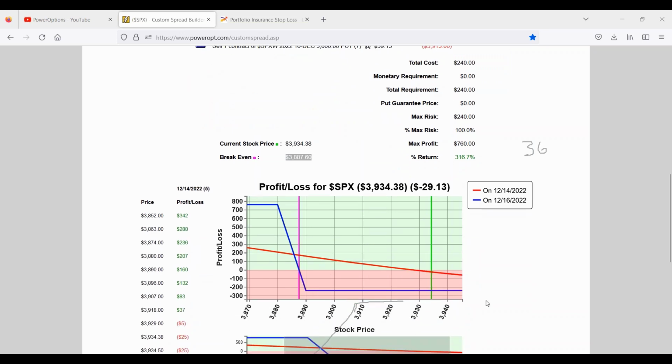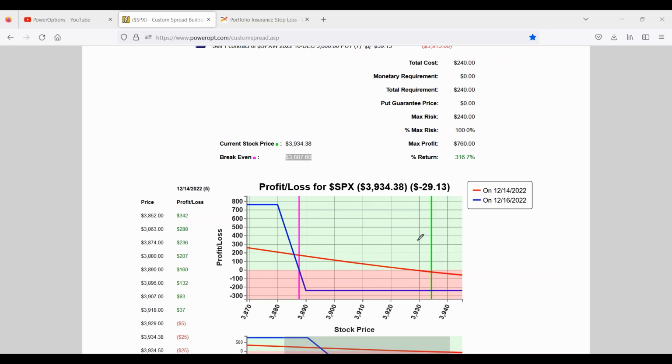Let's get this drawn correctly. So what he initially wanted was this transaction, but it had a little bit lower return. As long as the stock stays above both strike prices, both puts expire worthless, and he keeps the net credit.